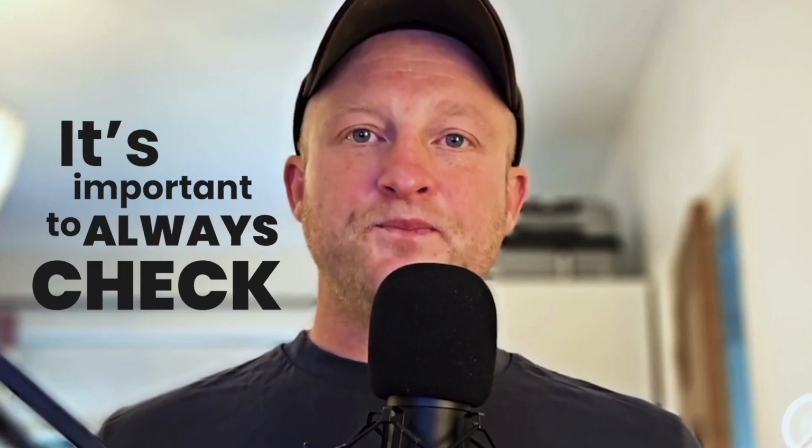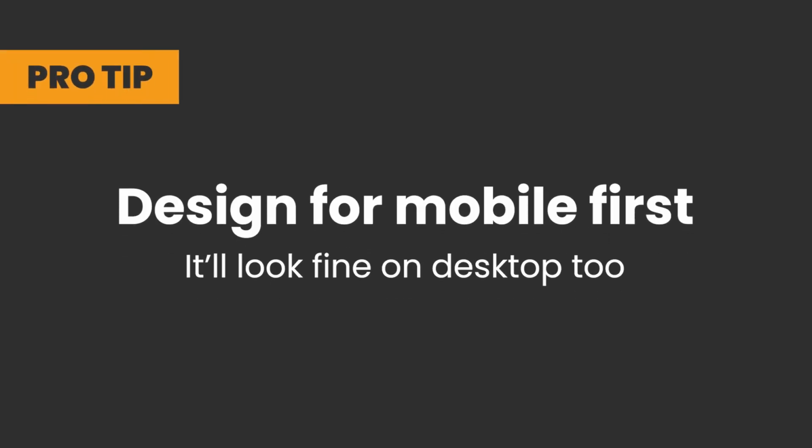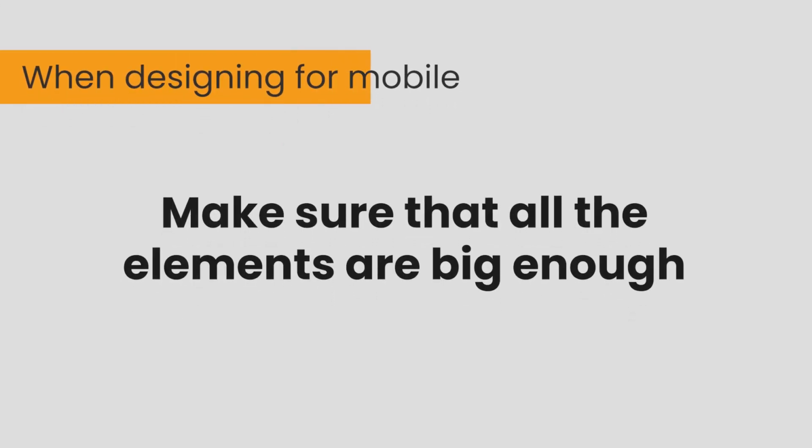Now, one little trick that I do is generally I like to design for mobile only. You could design for desktop as well as mobile and have different elements within the email. But generally, if you design just for mobile, it looks pretty good on desktop anyway. And also, when you design just for mobile, you're making sure that everything is quite big and obvious. And again, that's good for desktop.